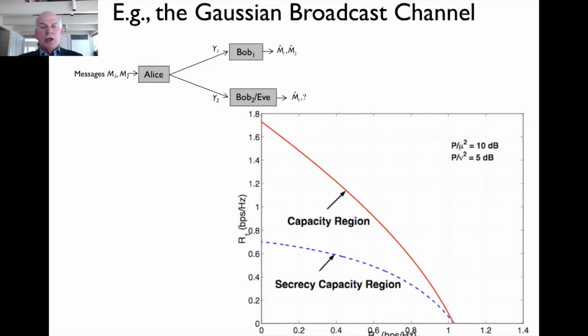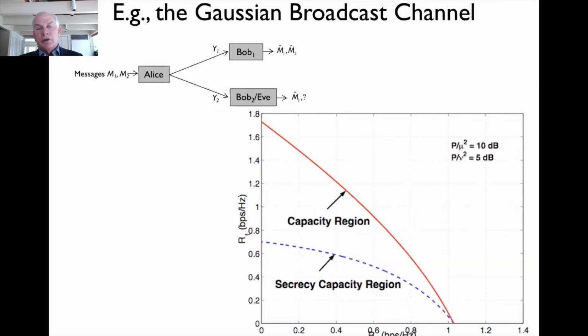Okay. So what we can do is look at the so-called capacity region and secrecy capacity region, which are the rates of these two messages. In this chart, this is for the case where the signal-to-noise ratio at the top receiver is 10 dB and the signal-to-noise ratio at the lower receiver is 5 dB.